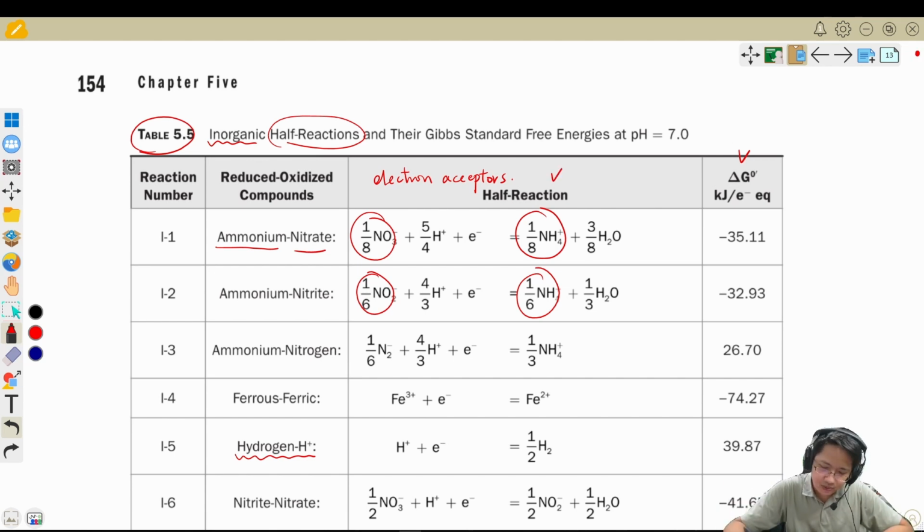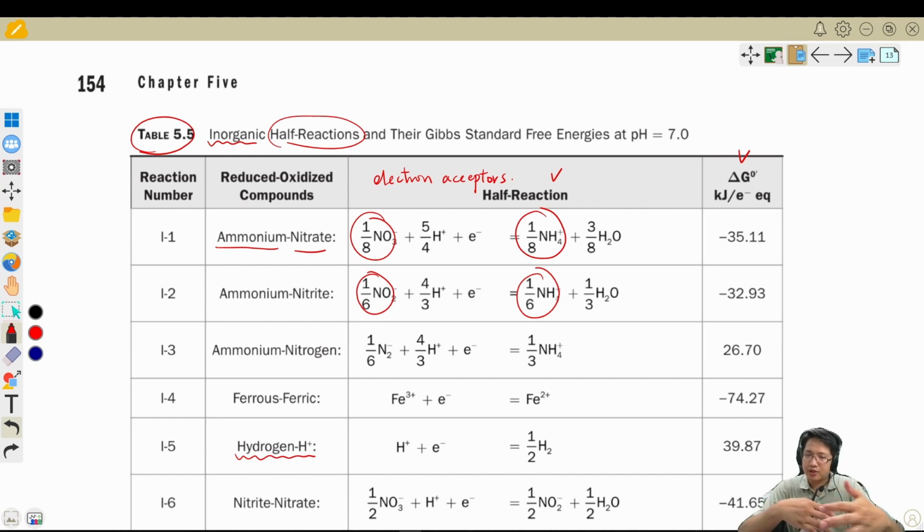So half reactions, we are talking about the one electron conversion reactions. So within the one electron half reactions, you can list all three chemical reactions, including oxidation and also the reduction and also the cell synthesis.